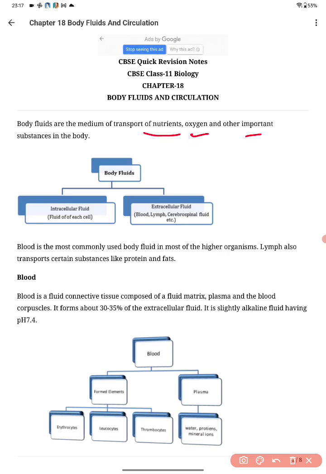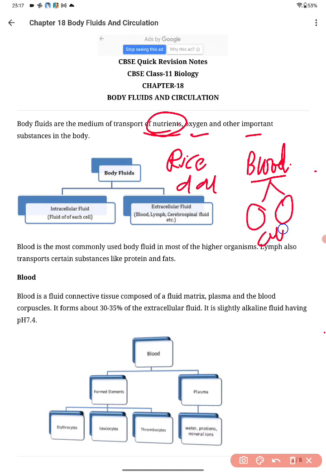Whatever food you are taking, suppose you have taken some rice, dal, pulses, curry, and all. After eating, all the absorption takes place in your stomach and intestines, and after that the fluid reaches the blood. From the blood it is given to your cells, and the cells undergo metabolism and respiration, break down the products, and produce ATP, energy, and other requirements of your body.